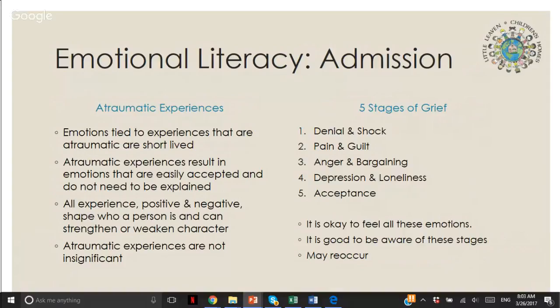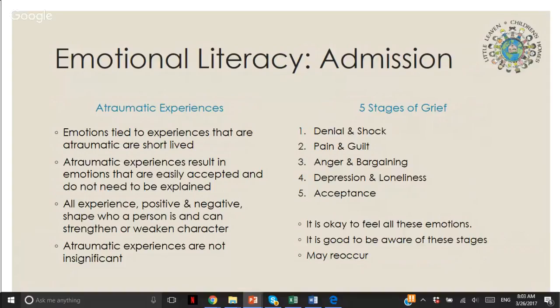Very easy. Now, when someone has a traumatic experience, what usually happens is you go into the 5 stages of grief. And it is okay to go through these 5 stages. The stages are denial and shock, then pain and guilt, anger and bargaining, then depression and loneliness, and acceptance.